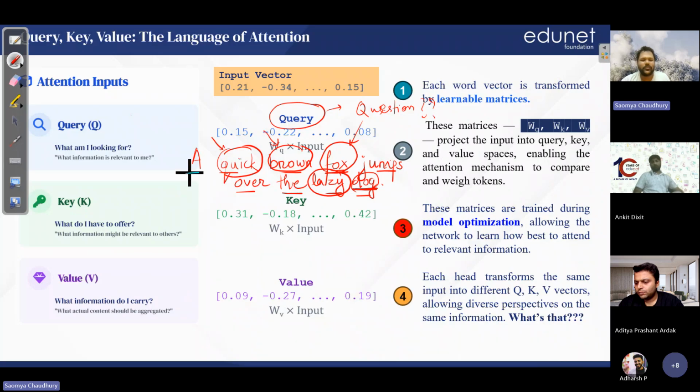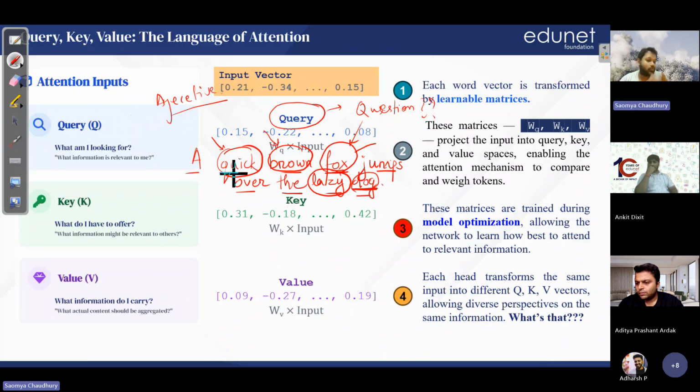I told you, it is thinking in different dimensions. Let's say one of the dimensions is adjectives. So it asks the question, is A an adjective? Obviously A is not an adjective.